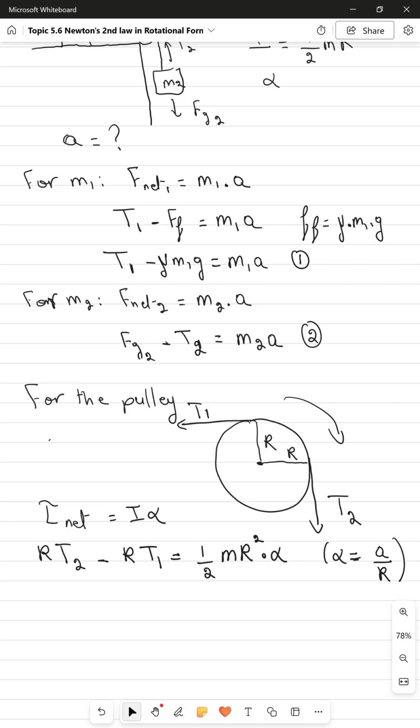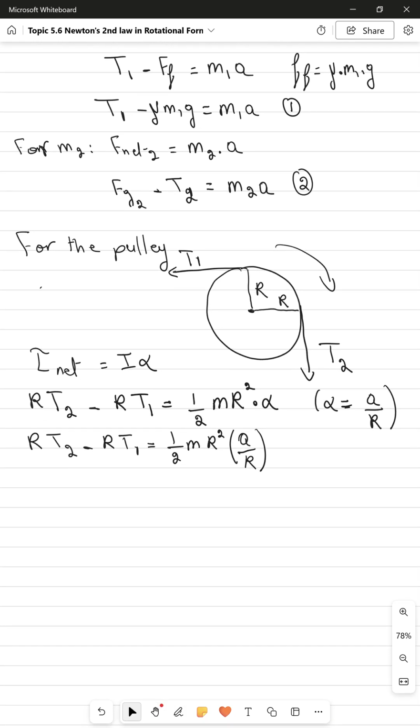In order to make sure that I also have a's as we had here. So that would become R T2 minus R T1 equals half m R squared a over R. On the left side, we can take R as a common factor.